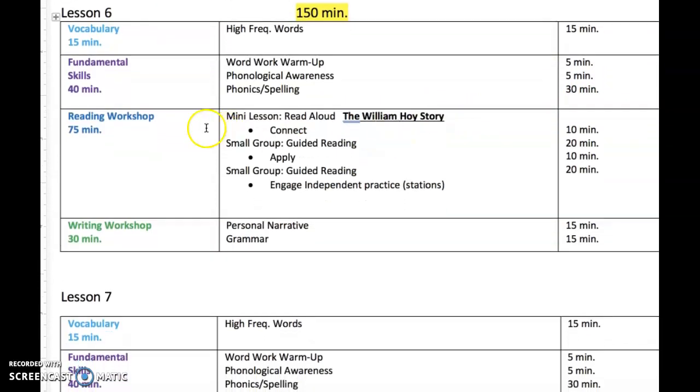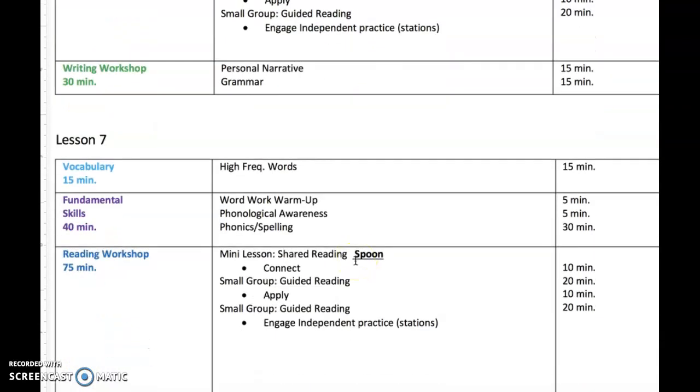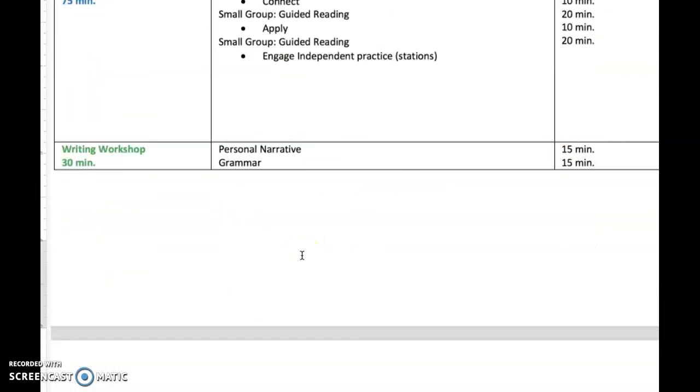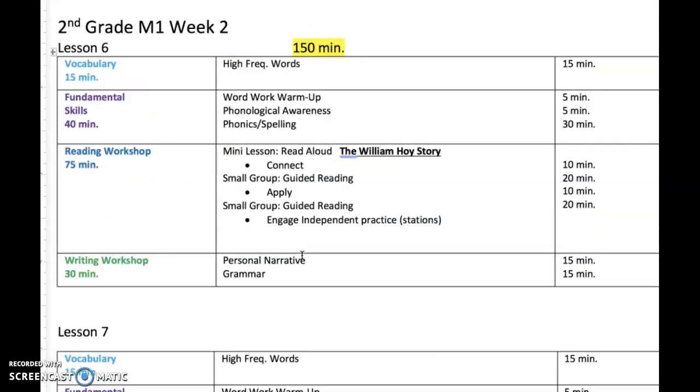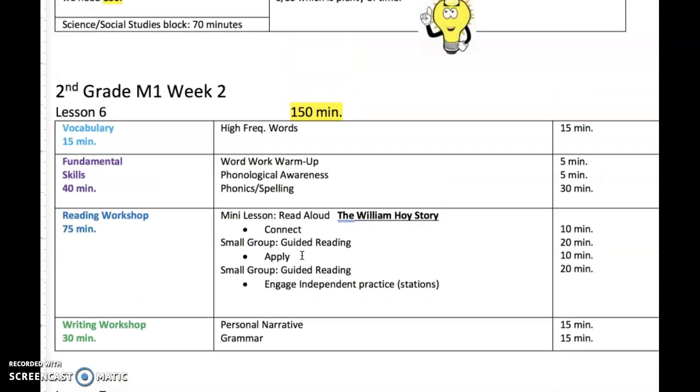The next thing you have is your reading workshop, which includes a mini lesson. The first day of that week, you usually have a read aloud, and then you have shared reading for the rest of the days. The mini lesson has 3 parts: connect, apply, and engage.